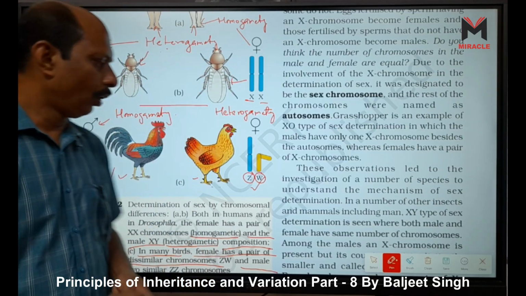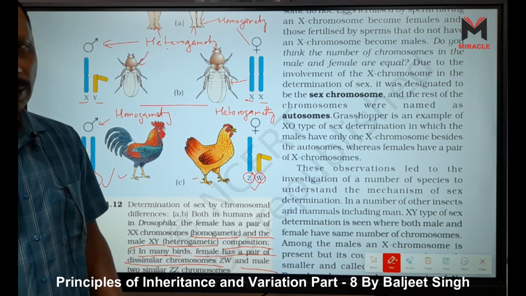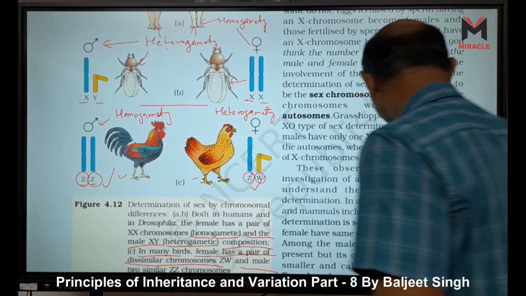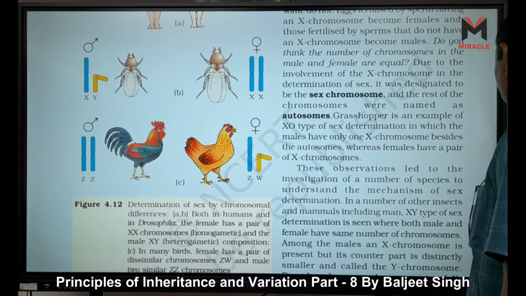So they show homogamity in the male but heterogamity in the female. I think you understand.